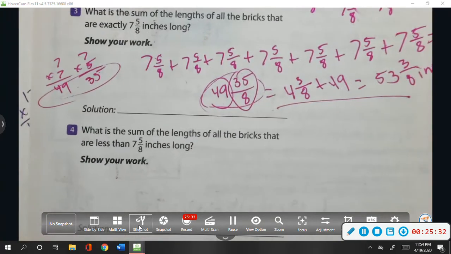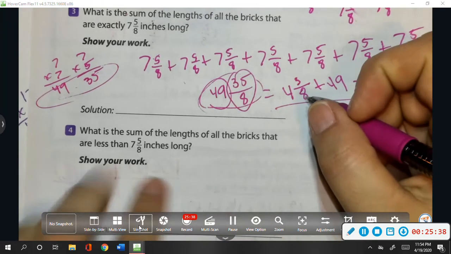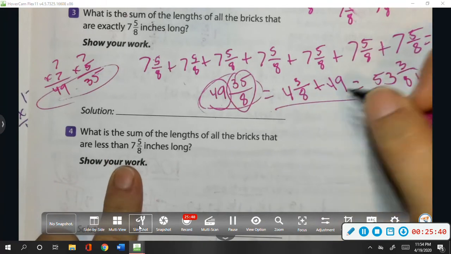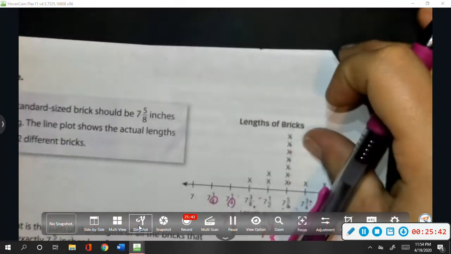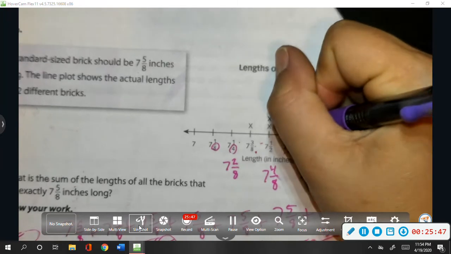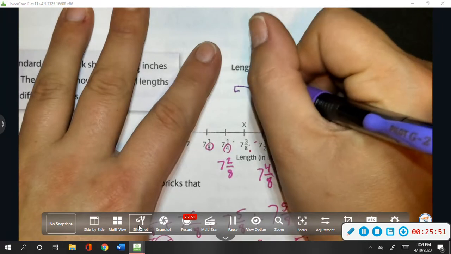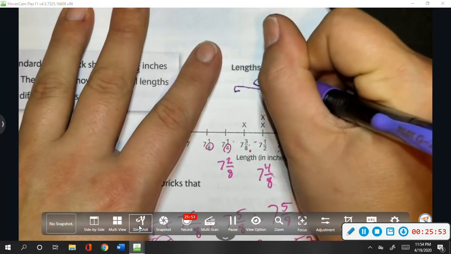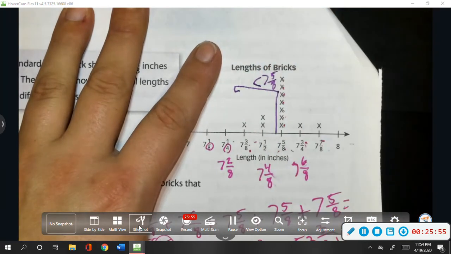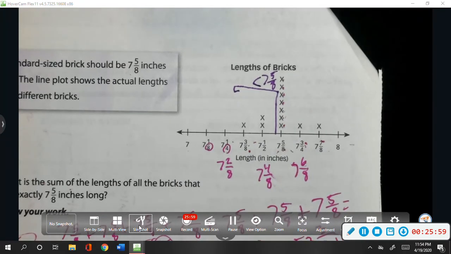Alright, number 4. What is the sum of the lengths of all the bricks that are less than 7 5/8 inches long? It's not saying less than or equal to, it's just saying less than. So we're going to go back to our line plot, and we are going to look at all of the bricks that are less than 7 5/8. So we had 1, 2, 3 bricks that were less than.